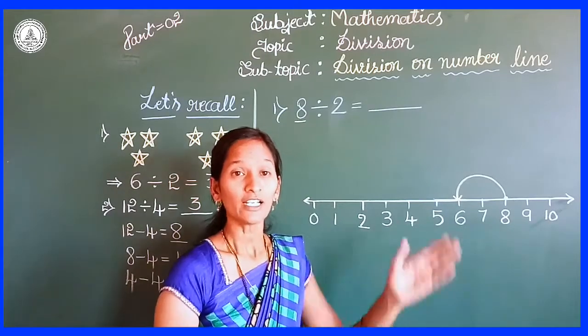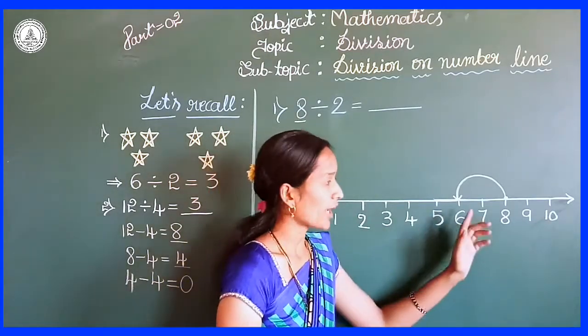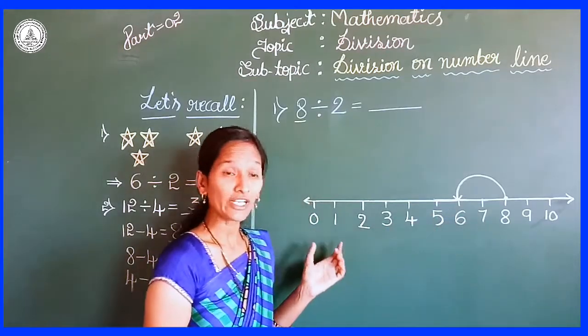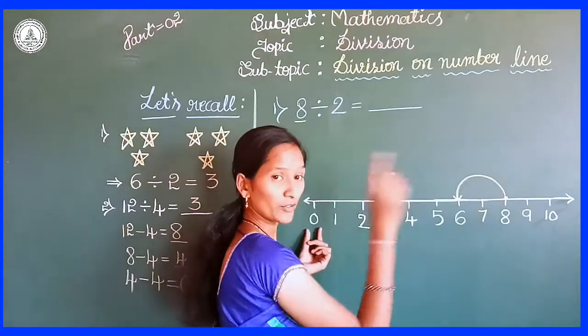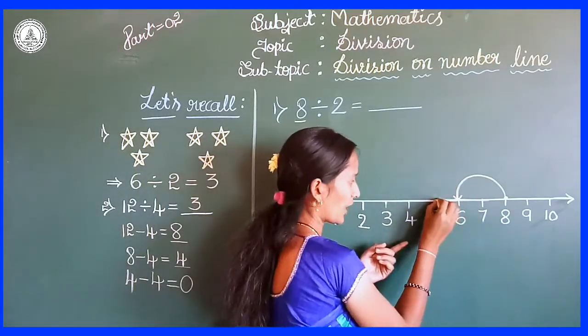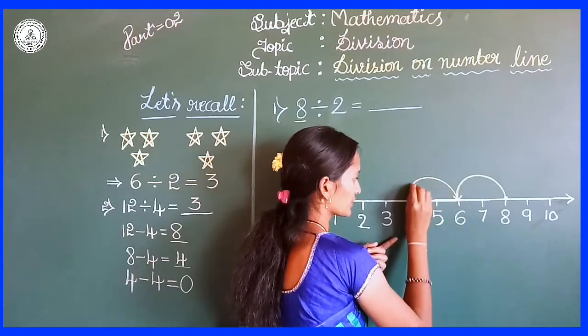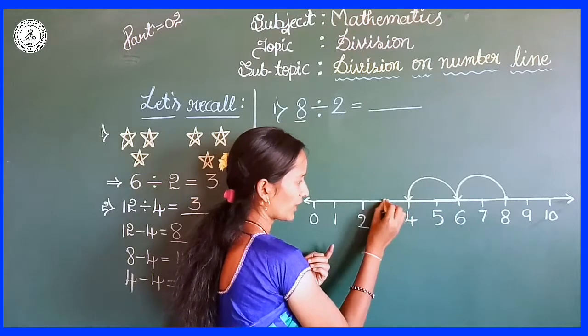No. I will keep on jumping back 2 steps until I reach 0. Next, again from 6, 1, 2. This is the second jump. Next, from 4, 1, 2.